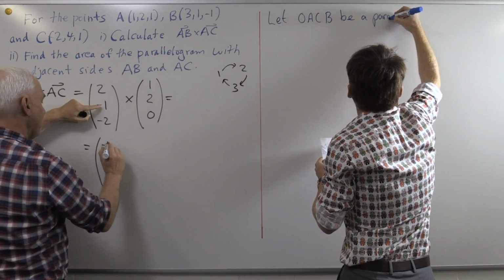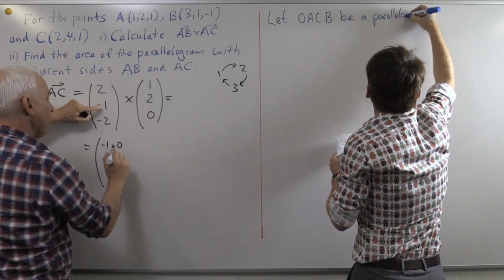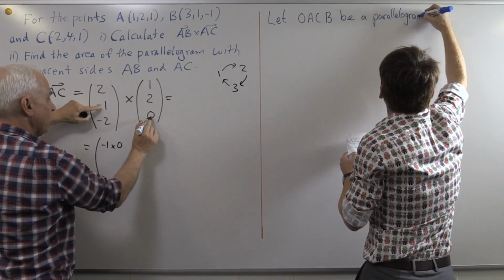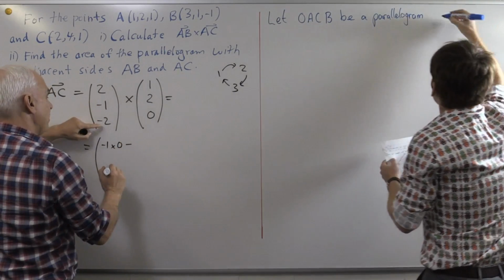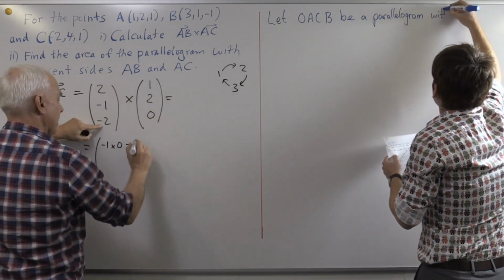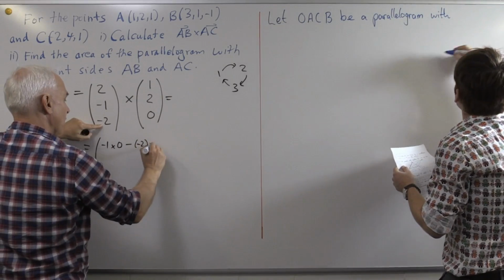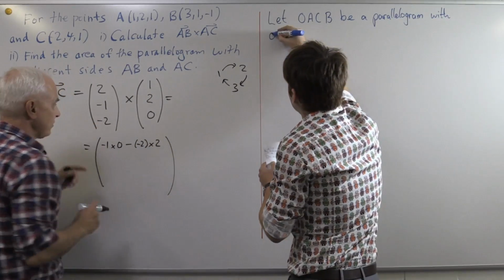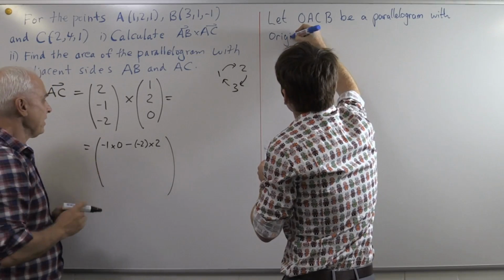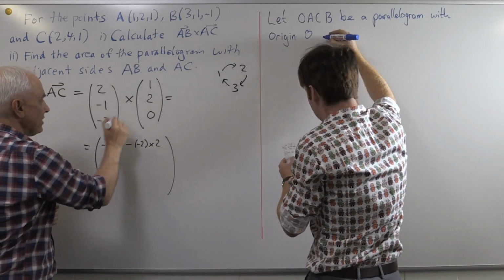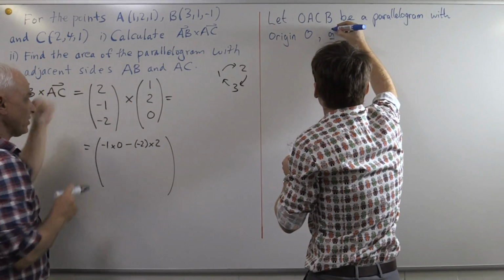So I'll write it out as -1 times 0, so the second entry here times the third entry here, minus the third entry here and the second entry here. So -2 times 2. So you can sort of see what products I'm taking there. This times this minus this times this. That was the first entry.